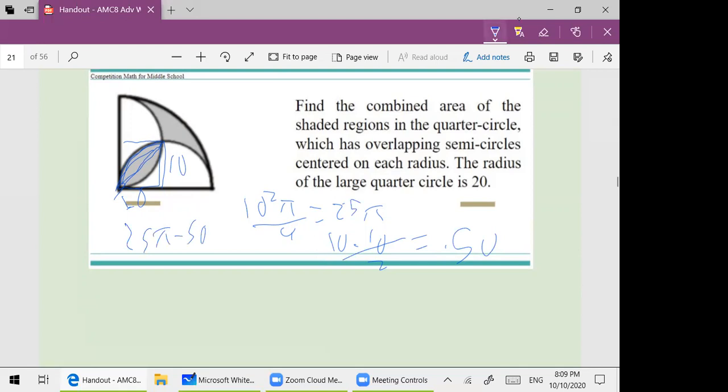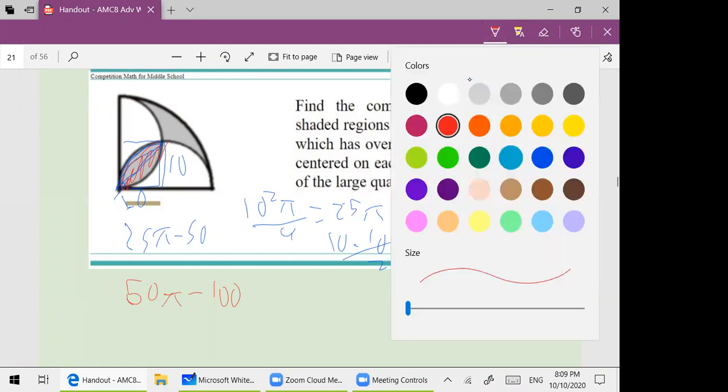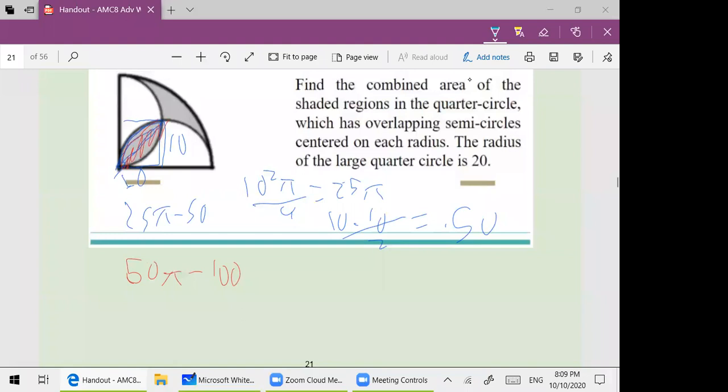So the area of this is 50 pi, 50 pi minus 100. So the area of the white regions is simply 50 pi minus the 50 pi minus 100, because that's the area of this minus the strange curve, which is 100.